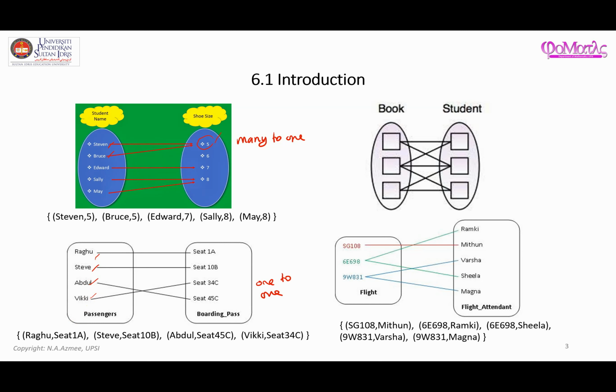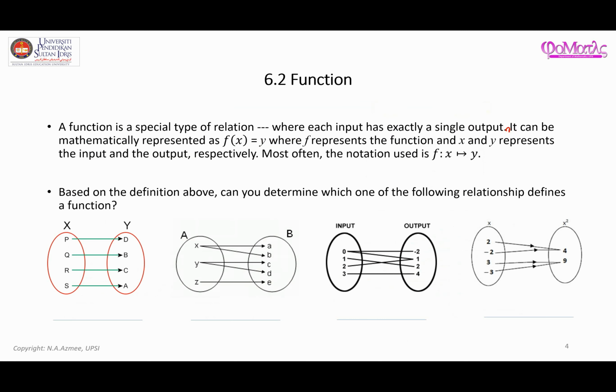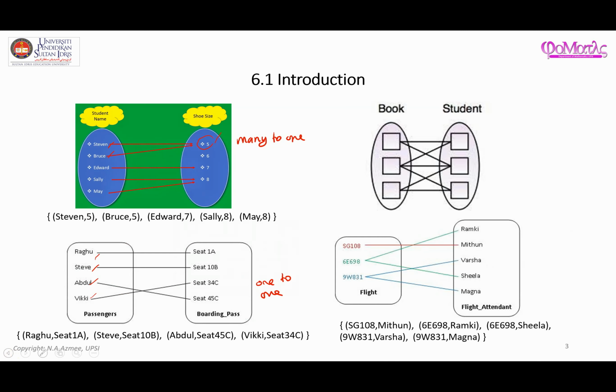This is many to many, where you can see that this book can be borrowed by two students, and for example this particular student can also borrow two different books, so the relation is many to many.